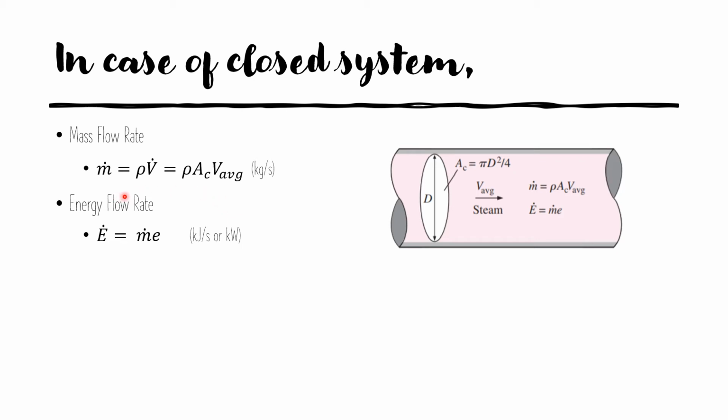The dot over a symbol is used to indicate time rate throughout this lecture. Okay? For the energy flow rate, this is given by E dot is equal to m dot times e. And this is analogous to E is equal to m small e.